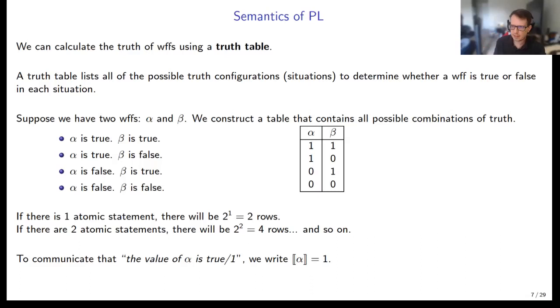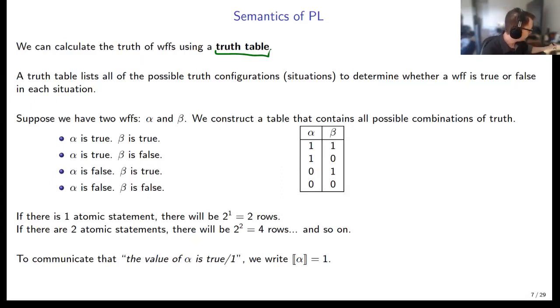So in logic, we have these things called truth tables. And what truth tables do is they track all possible configurations of truth. So this means that in every possible universe or situation, we can determine whether a well-formed formula is true or false. So here's an abstract example.